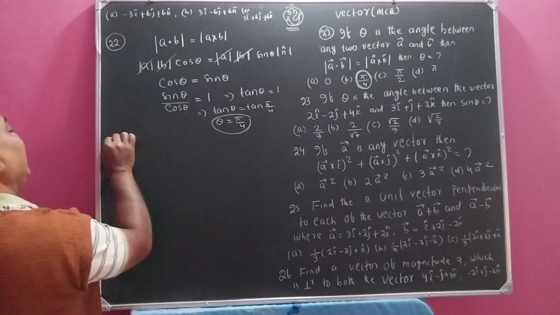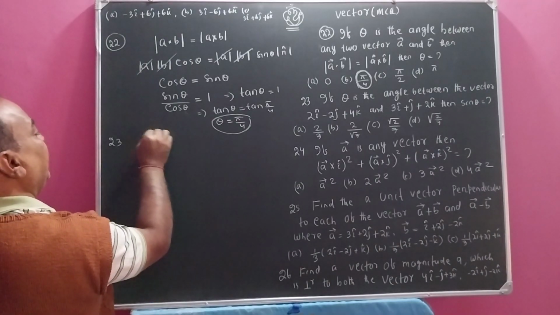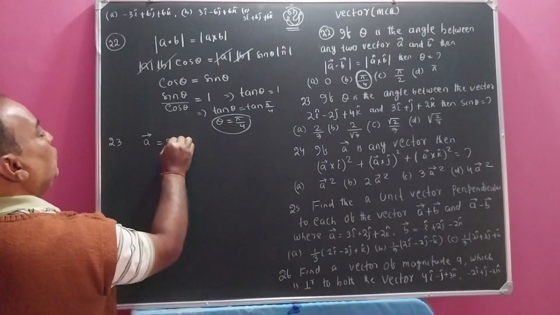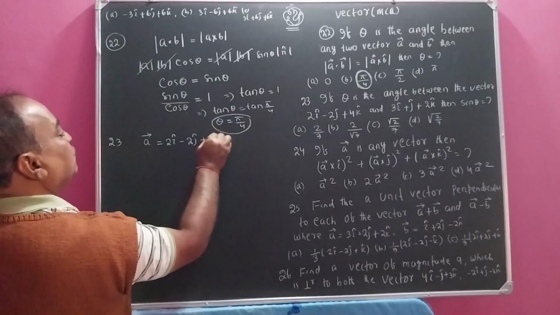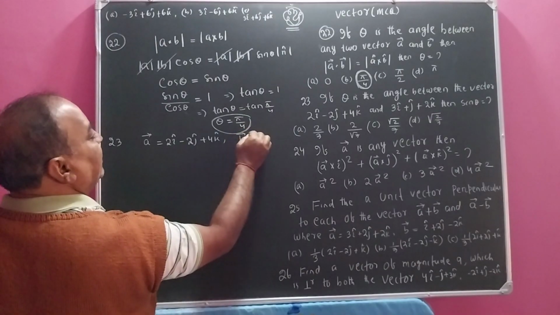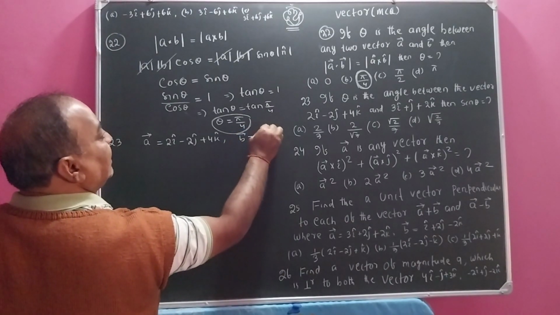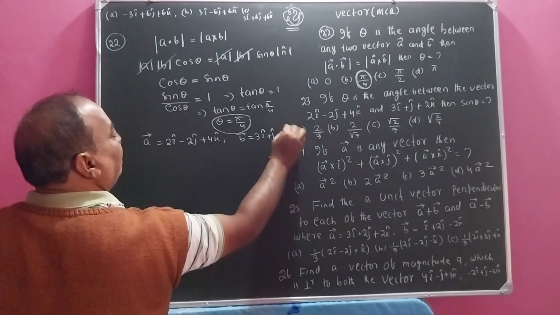Write down question number 23. A vector is equal to 2i cap minus 2j cap plus 4k cap. B vector is given as 3i cap plus j cap plus 2k cap.